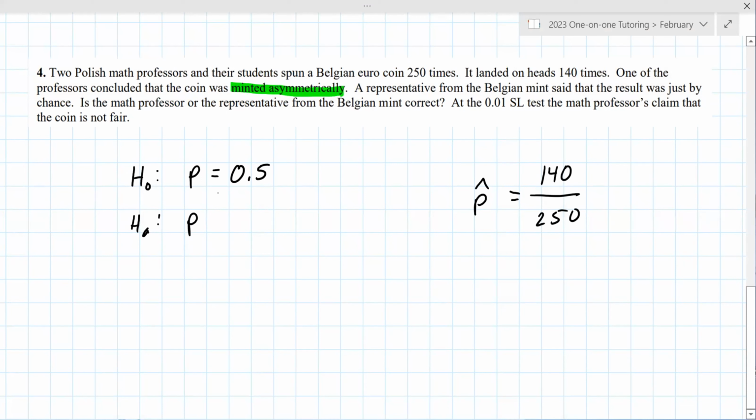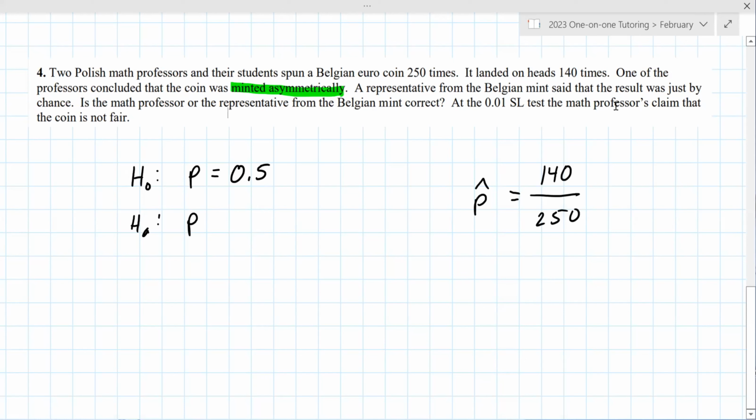Oh, okay. But more importantly is the alternative. Is it less than, greater than, what is it? Would it be less than 0.05? Before I answer, where do you see that they think it's more likely to be one or the other?